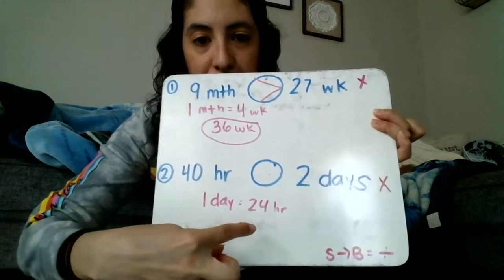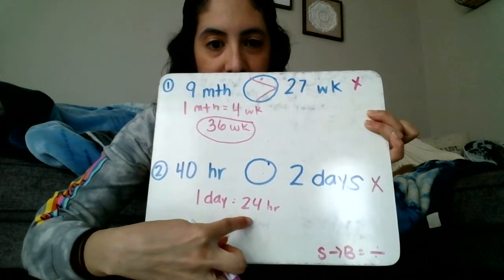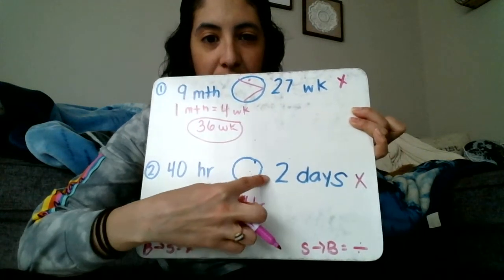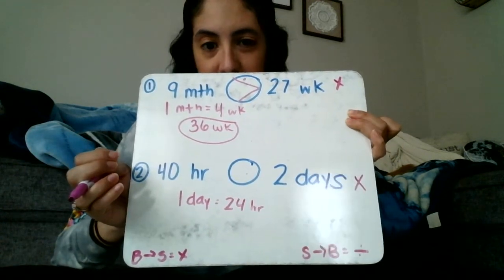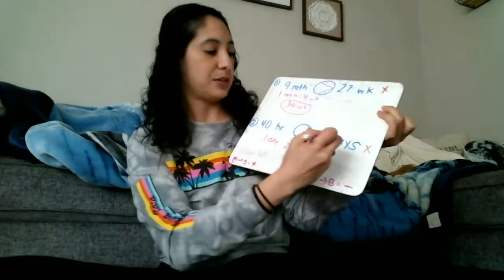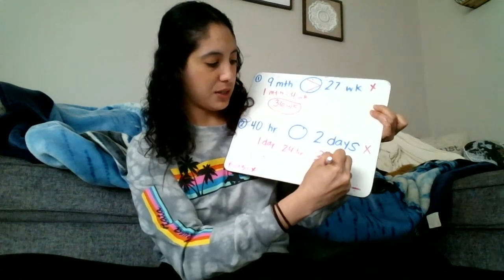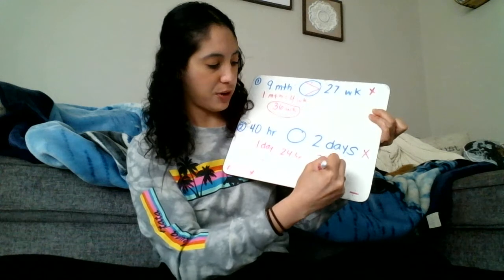So one day is equal to 24 hours. So what am I going to do with this and this? I'm going to multiply, right? So 24 times 2, oopsie. 4 times 2 is 8, and then 2 times 2 is 4.